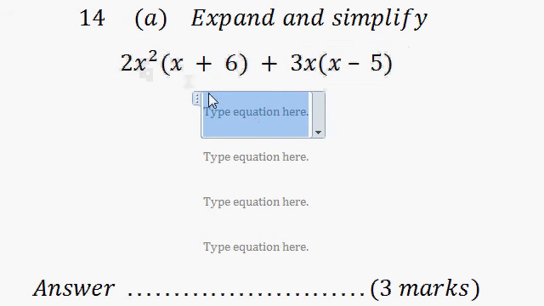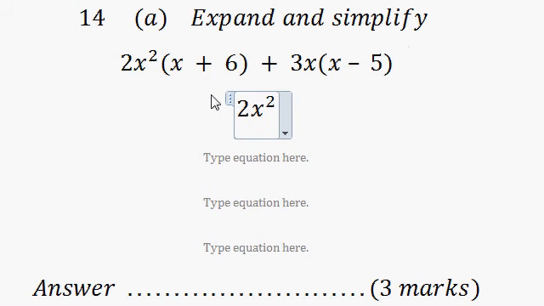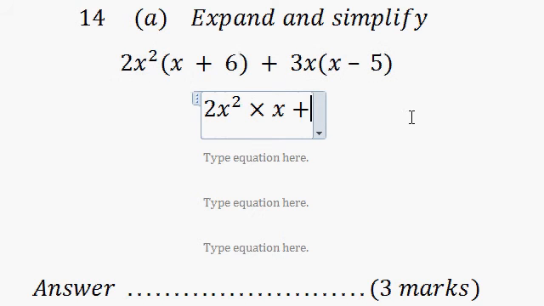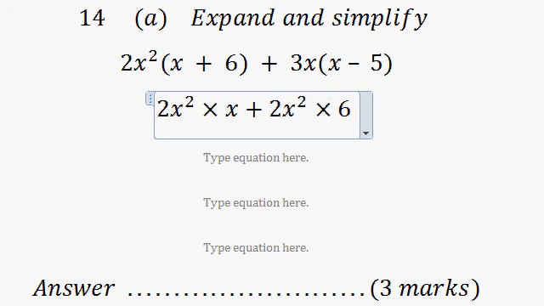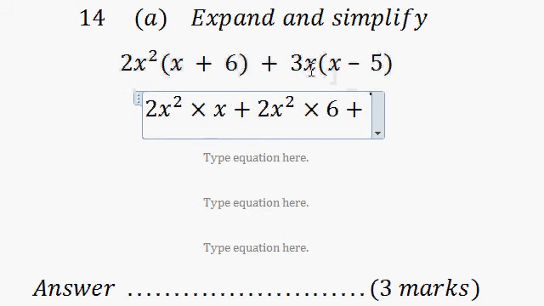So 2x squared, and then we are going to multiply that by x. So I'm going to write it out the long way first, plus 2x squared times 6. Let me copy this. 2x squared times 6 plus, it's going to be 3x times x, and then 3x times minus 5.